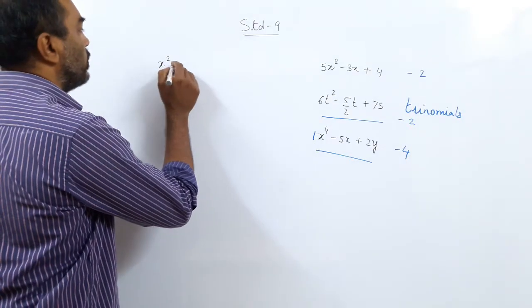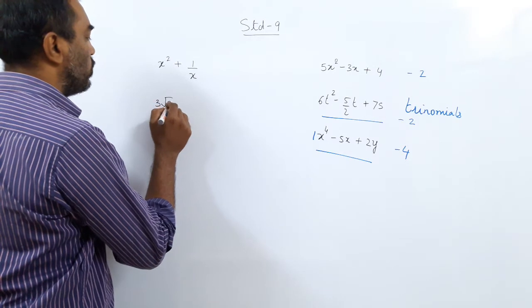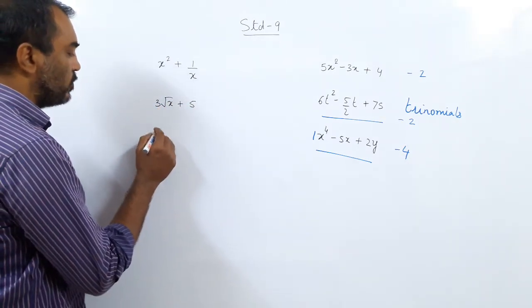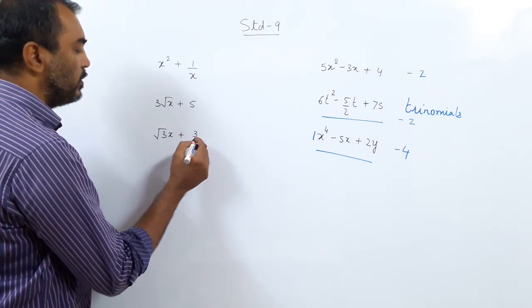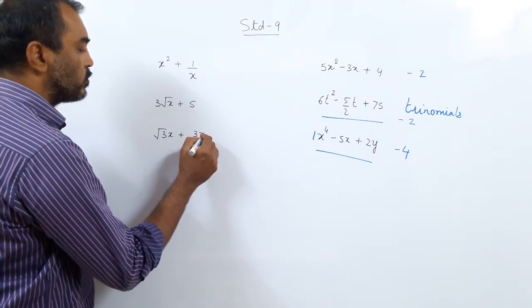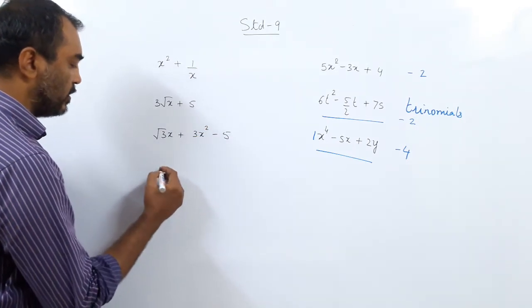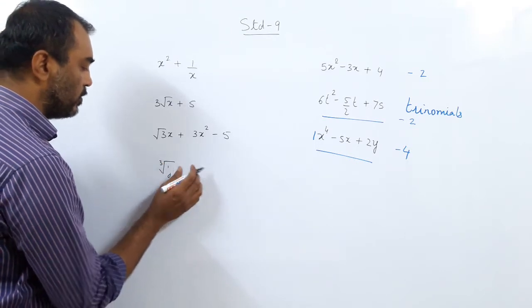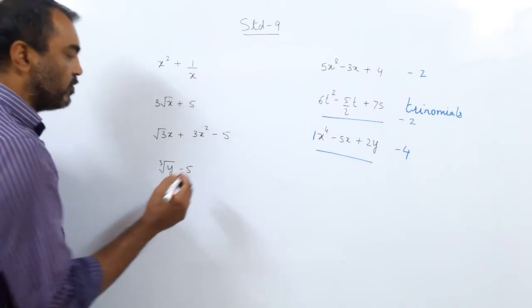Say x square plus 1 upon x, 3 root x plus 5, root 3 x plus 3, x square minus 5. Okay, and let us say cube root of y minus 5.